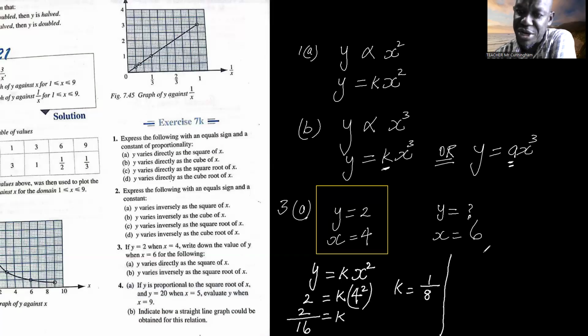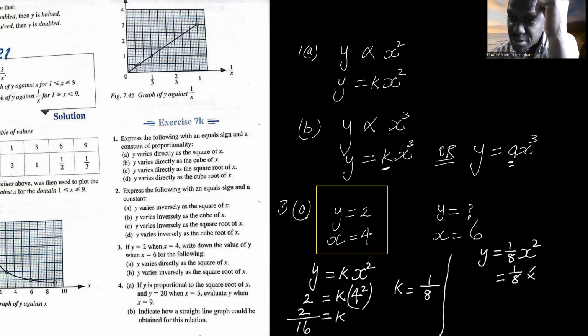So when we rewrite the formula, y equals 1/8 x squared. k is a constant. Constant means it does not change. So they want to know what y is when x is 6. It's still 1/8 x squared, which means 1/8 multiplied by 6 squared.